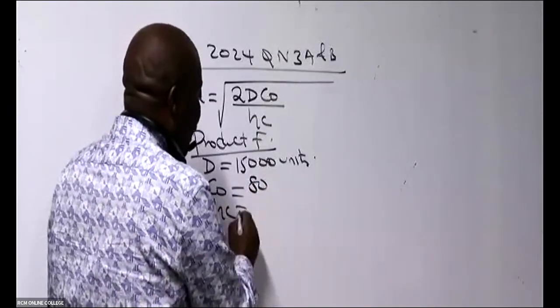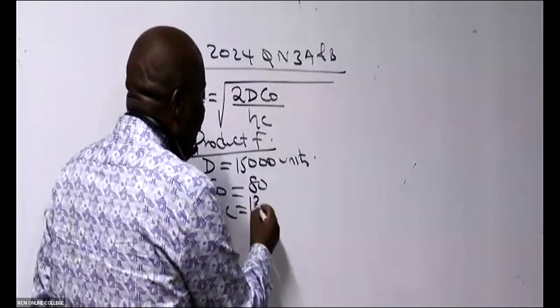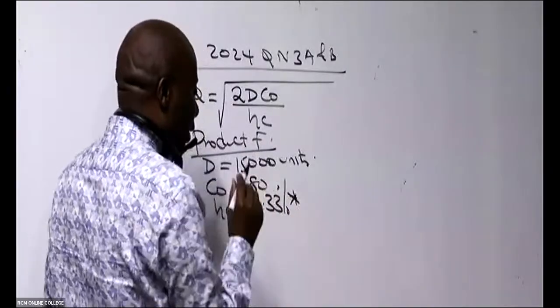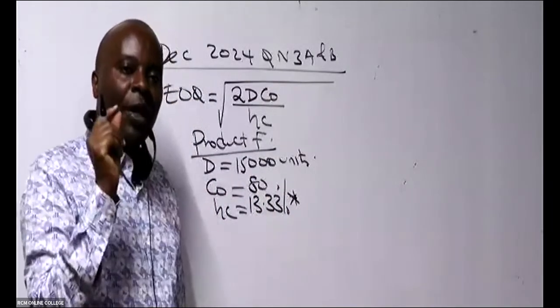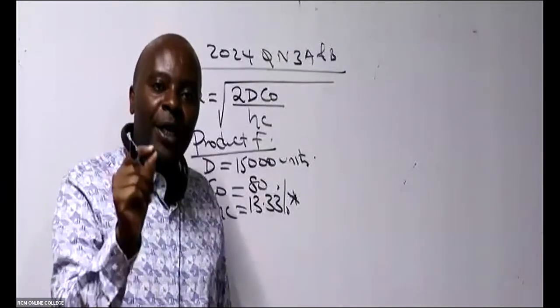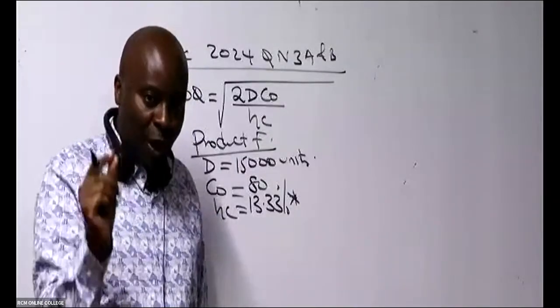Are you able to see the HC? Yes, I can see HC is 13.33%. And if you remember very well, whenever holding cost is given as a percentage, we shall always take that percentage and multiply it with the purchase price.